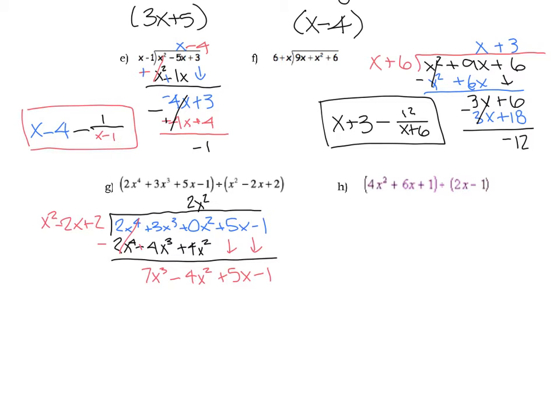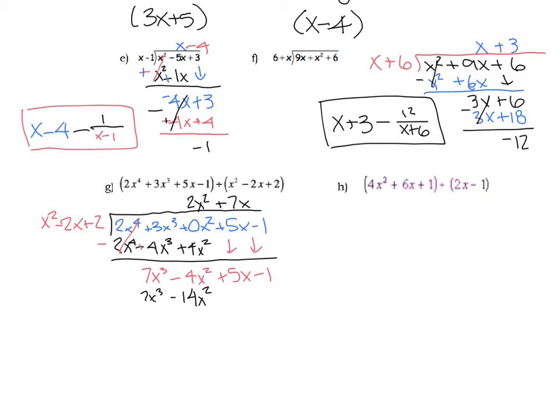All right, now, how many times does x squared go into 7x cubed? That would be positive 7x. So 7x times x squared is 7x cubed. 7x times negative 2x is a negative 14x squared.